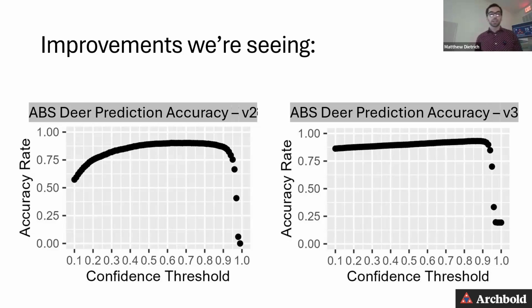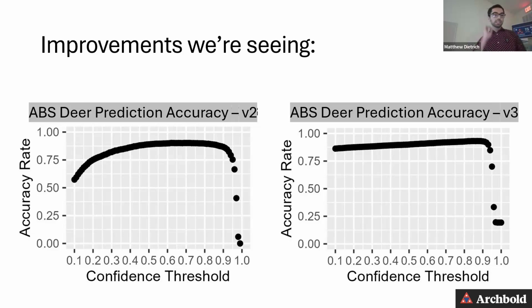And then the confidence threshold at the bottom is basically what confidence from the output of the model we're allowing when we're looking at results. So as we raise the confidence threshold, we're dropping off a lot of the data set that we're using. But in a lot of cases, that's okay because we're setting out a lot of cameras and we're taking a lot of images and data points.